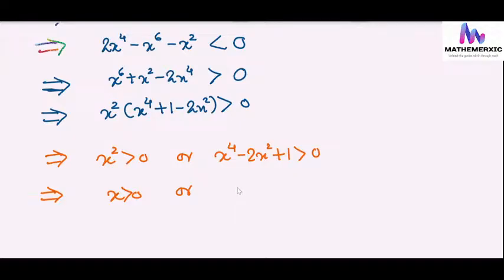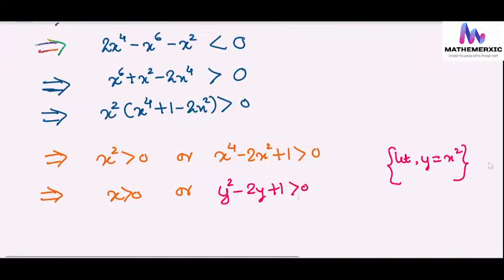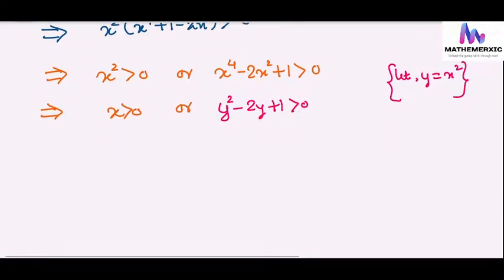So we can solve it. Let y is equal to x square. So this will be y square minus 2y plus 1 is greater than 0. And further, this will lead to y is equal to, equating it to understand the factorization, I am just equating it now.